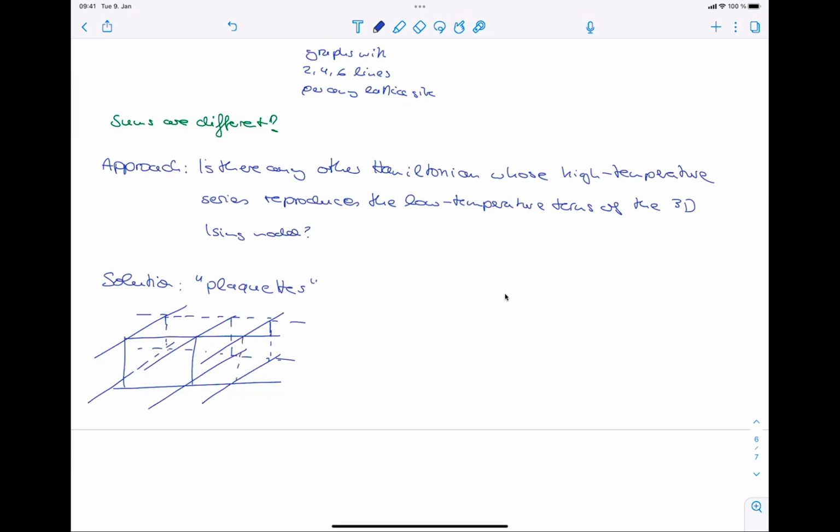Okay, so trust me that this is meant to be a regular lattice. What we do now is create these plaquettes. We put spins on bonds and couple 4 bonds into a plaquette.